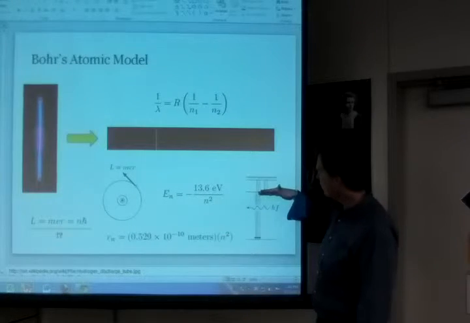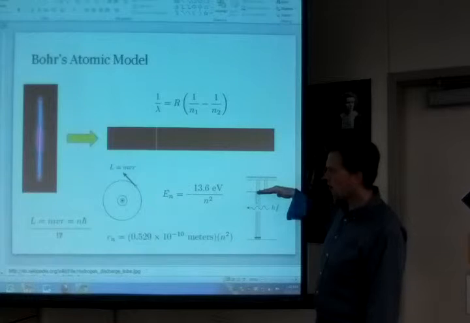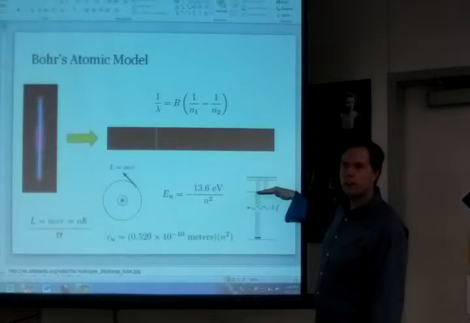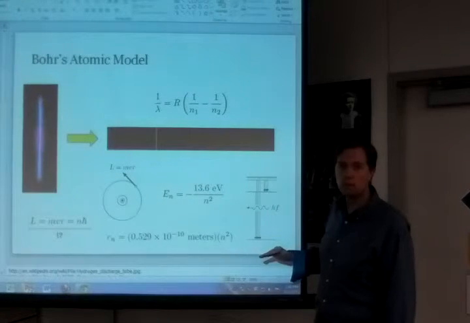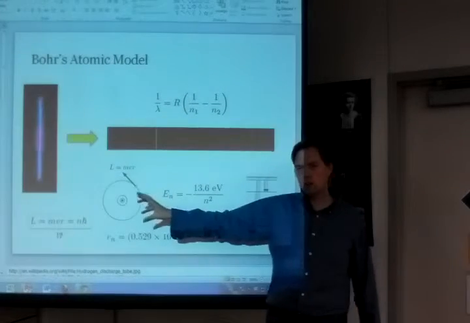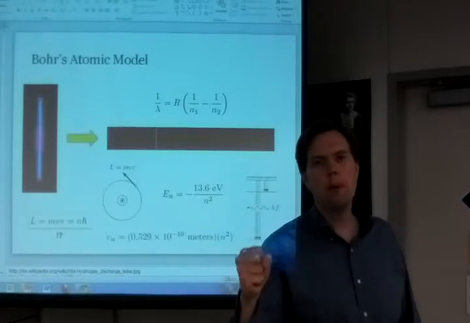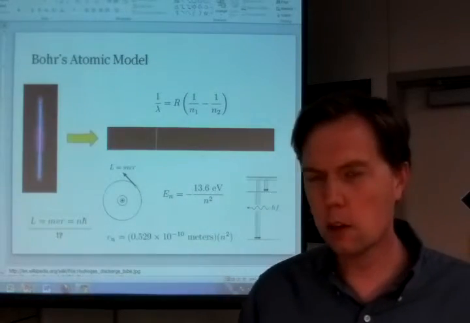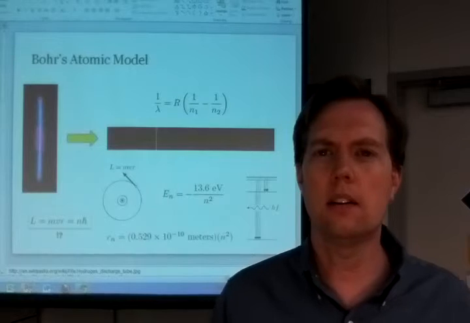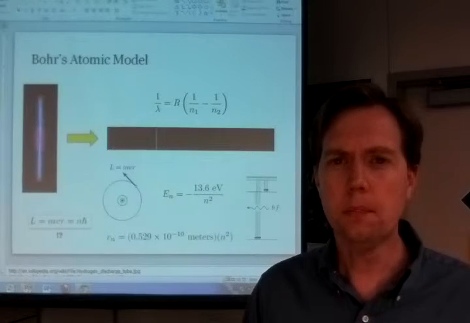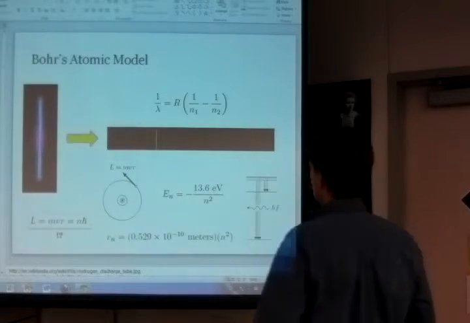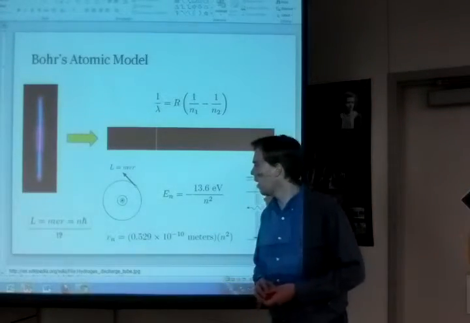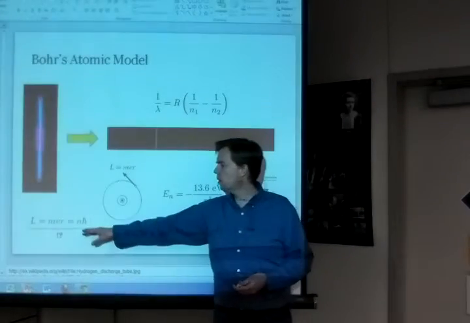And so you've got an electron up here. When the electron radiates, it doesn't just fall. It goes from here to here. Bam! And all that radiation is emitted in one single packet. And that's the single photon packet that Planck developed. And so this is fundamentally the Bohr model of the atom based on this fundamental assumption.